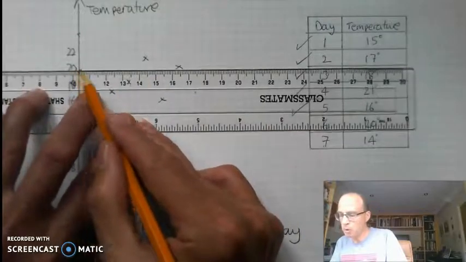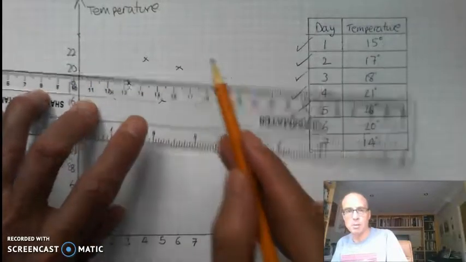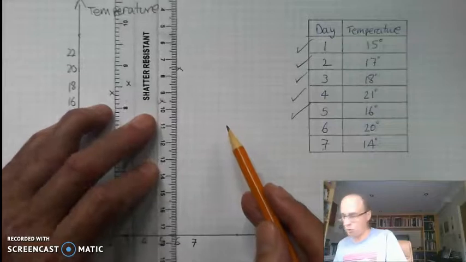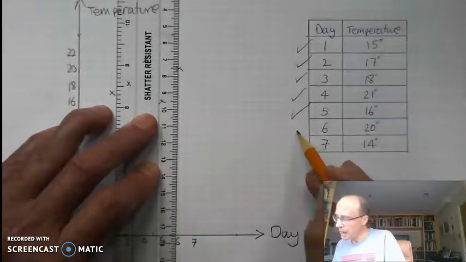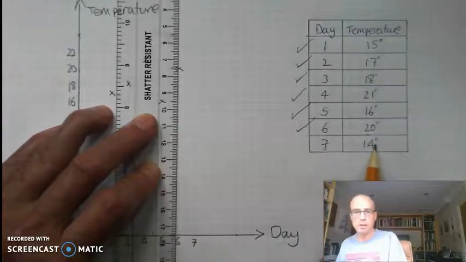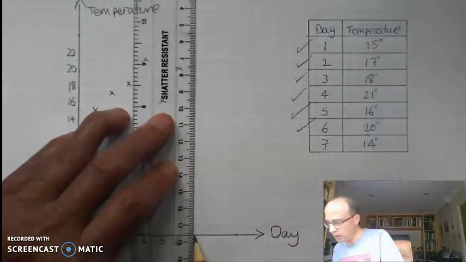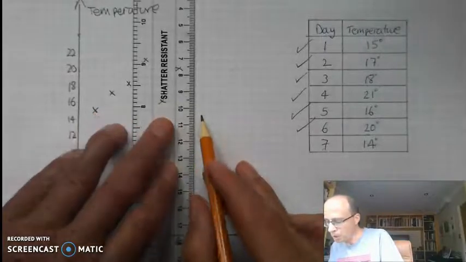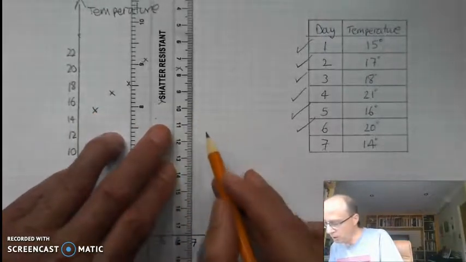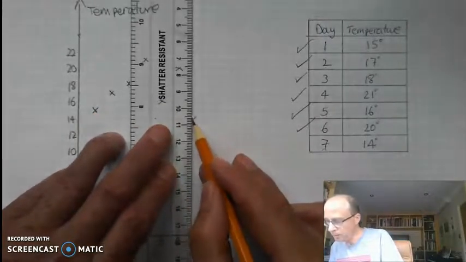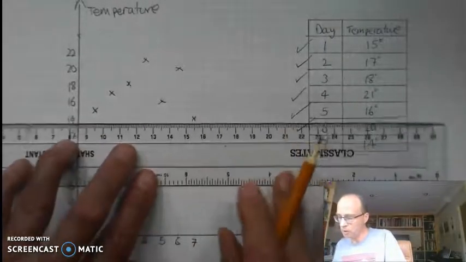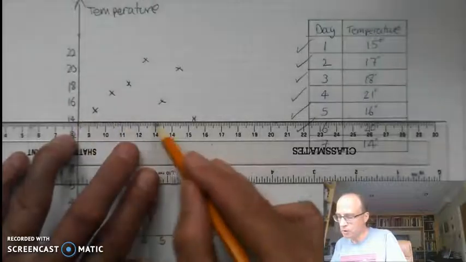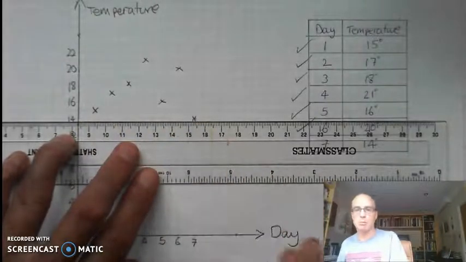Last point, day 7, 14 degrees. So 7, up to my cross, 14 degrees, comes across, and I've marked it with a cross.